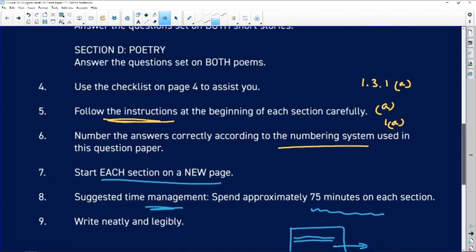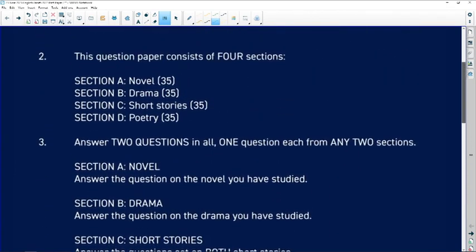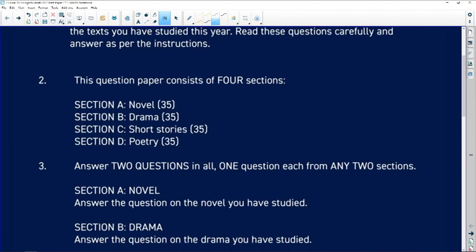Now, this paper means that you have studied. Look what it says. It says on a novel you have studied. So you cannot just have a basic knowledge of the texts. Whichever texts you have studied, you have to know that content really, really, really well.